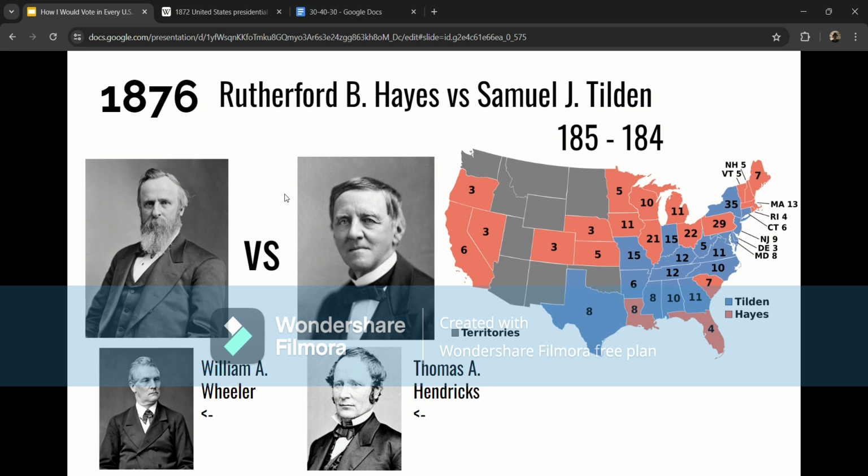So if I was living in the Northeast at the time, Samuel J. Tilden being from up there also would have been extremely appealing, and I would have liked that as well. So for me, this choice really comes down to which issue is more important to me, especially in the context of the times.